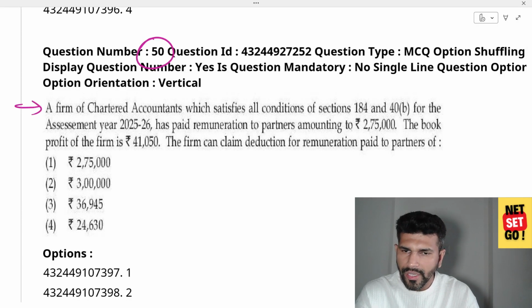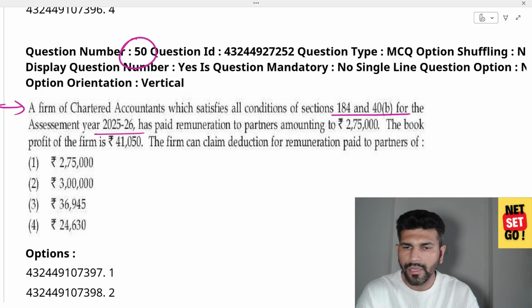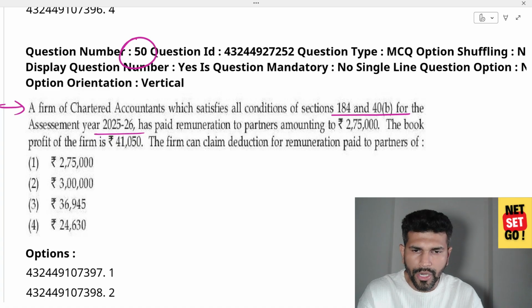A firm of CA which satisfies all conditions of section 184 and 40B for the assessment year 25-26 has paid remuneration to partners amounting to 2,75,000 rupees. The book profit of the firm is 41,050 rupees.